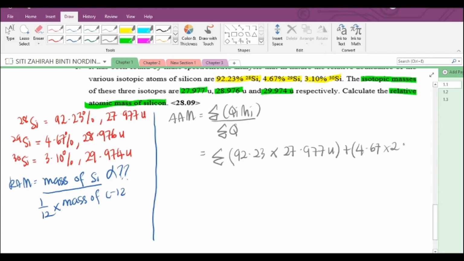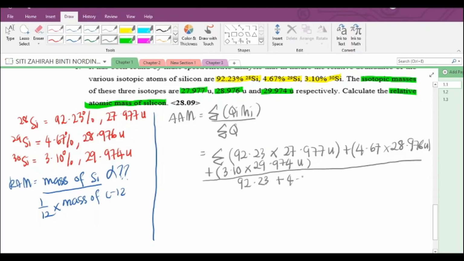Times 28.976 U plus 3.10 times 29.974 U, divided by the total abundance, that would be 92.23 plus 4.67 plus 3.10, which would be 100%.